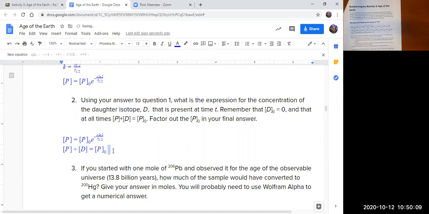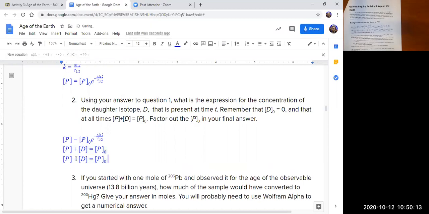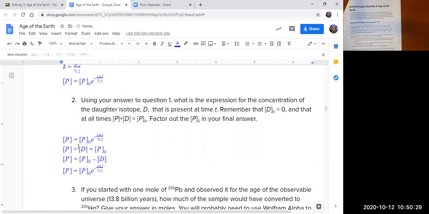Okay, now I'm going to take this one. I'm going to solve it for the parent isotope so that we can plug in easily to the earlier expression. Okay, so now we take this expression, and this substitutes for this.